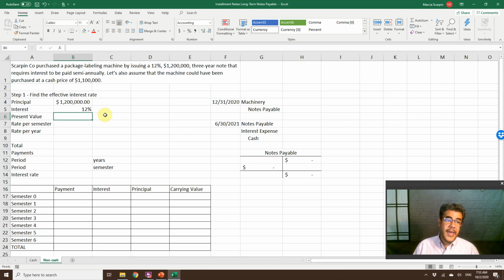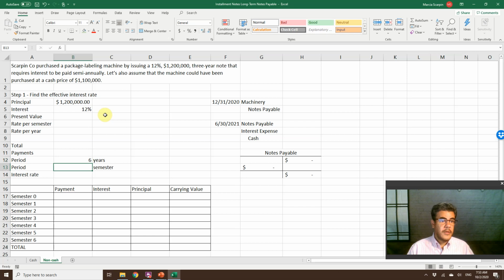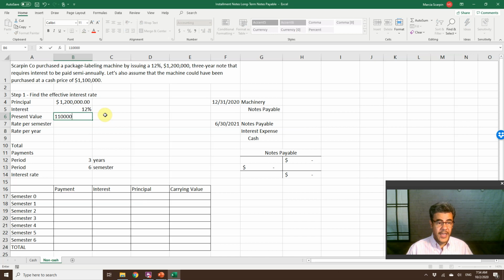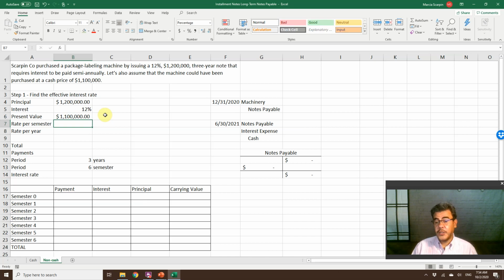And our period will be 3 years or 6 semesters. Okay? And our present value here, we have an idea. It is $1.1 million. So how much will be our effective interest rate?